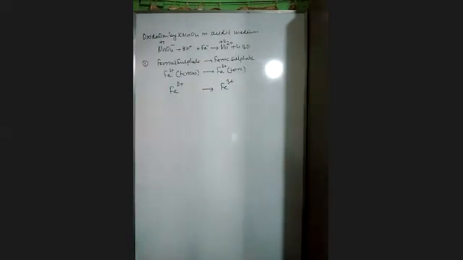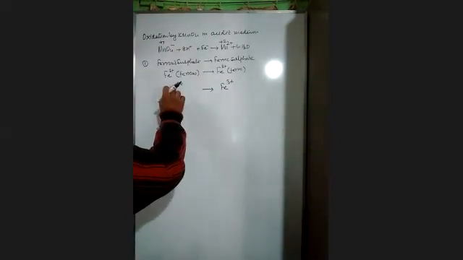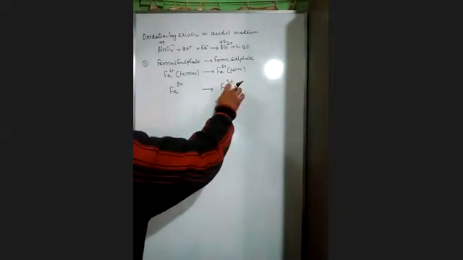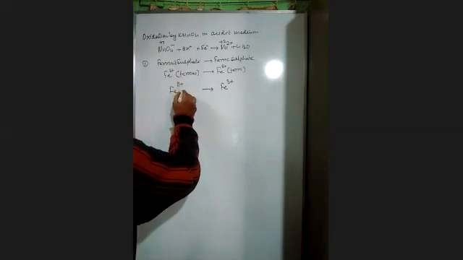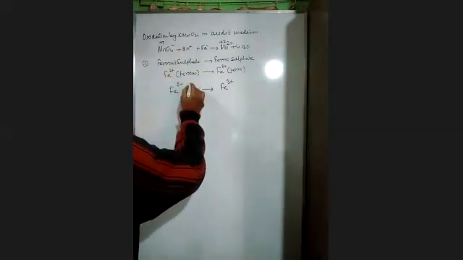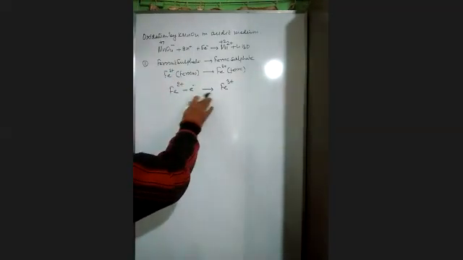Then when the electron is gained, positive oxidation number will decrease and negative will increase. So now from 2 plus, it has gone to 3 plus. So obviously there should be loss of electron. So I'm supposed to write here -e. Yeah, perfectly correct. If I write -e, you will get this one.